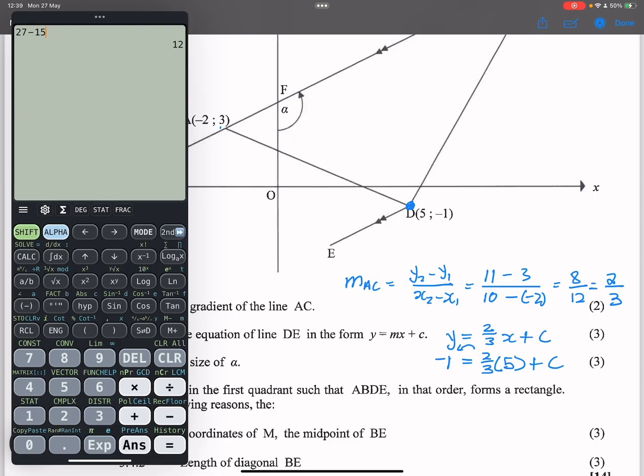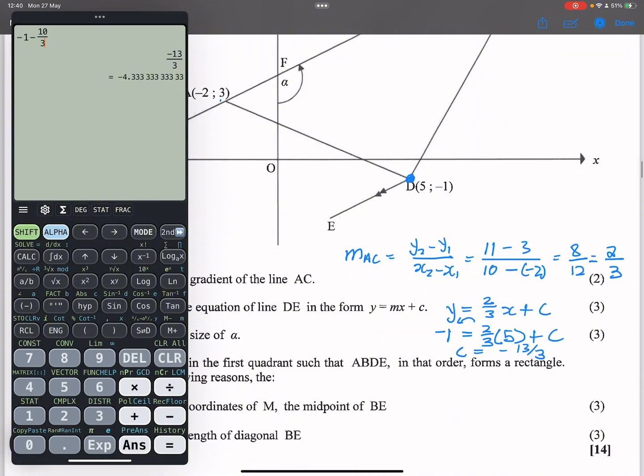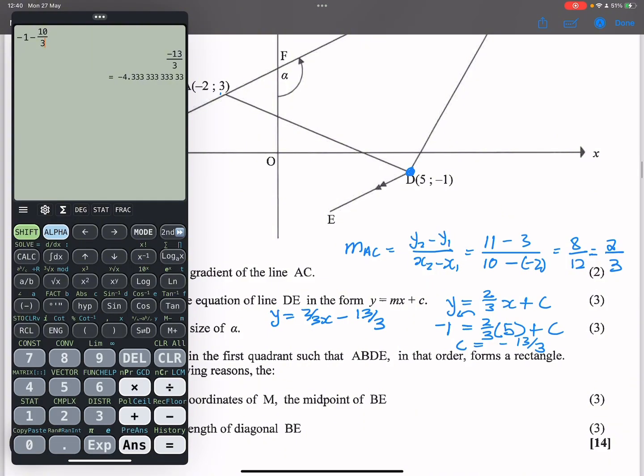So I'm going to have -1 minus the 10/3. Okay, so I get minus 13/3. So that's the c value. So c is -13/3. Now what is the equation? The equation is y is equal to 2/3x minus 13/3. And so that is the equation of the line DE.